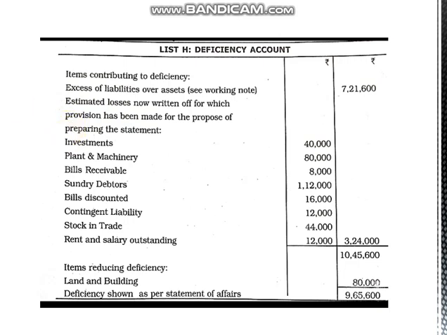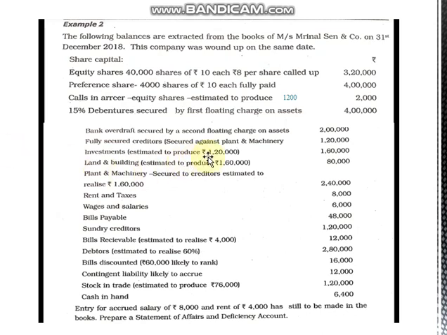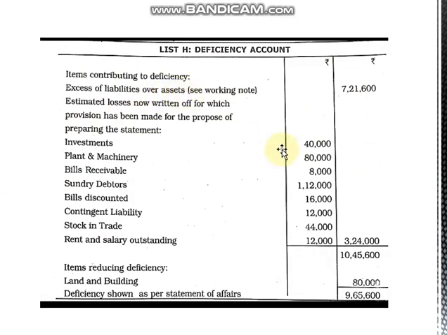You may go to the question. Investments you can see 40,000 because 1,20,000 was the realizable value, 1,60,000 was the book value. So there was a deficiency. Here we are taking the items which have a deficiency first. So 1,60,000 minus 1,20,000, like that you will get 40,000.